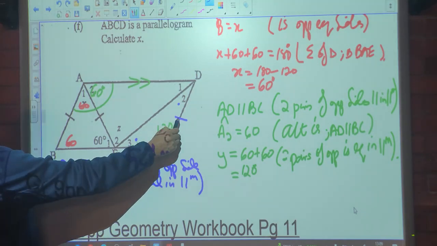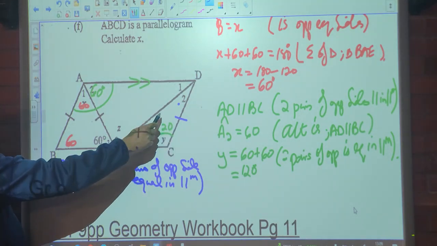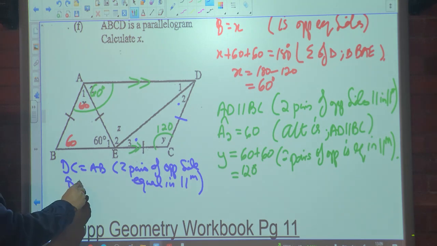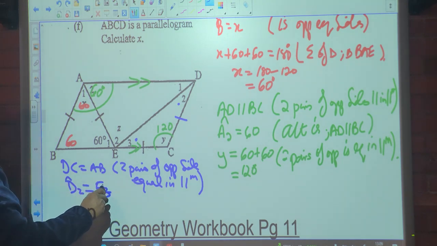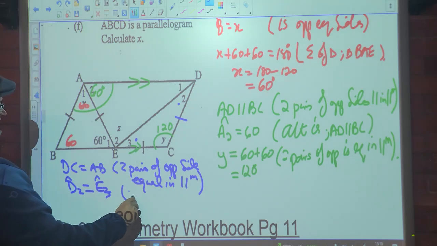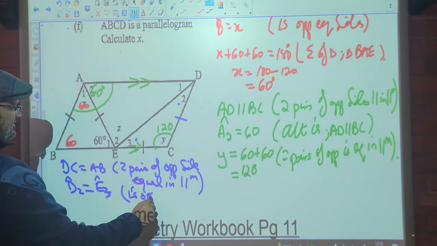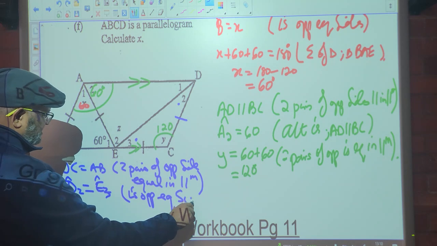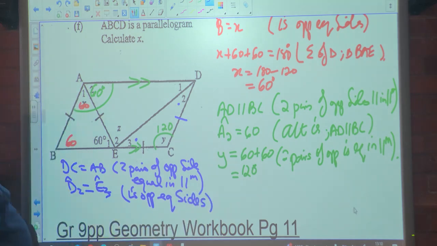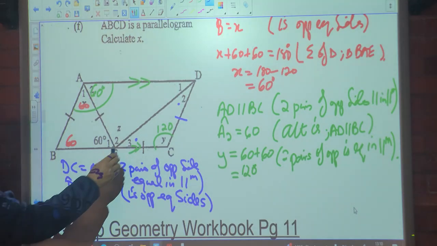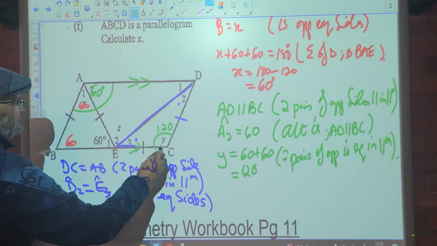So now we got the same marking here. Can you see? It's all the same. So D2 is equal to E3, sorry. The reason for that is angles opposite equal sides. So I'm going to calculate E3. So I know that we're going to go with sum of angles in a triangle now.